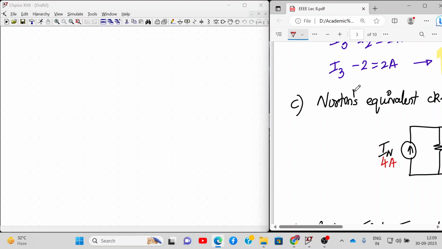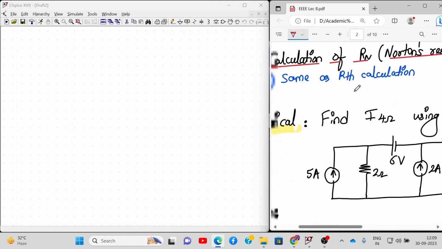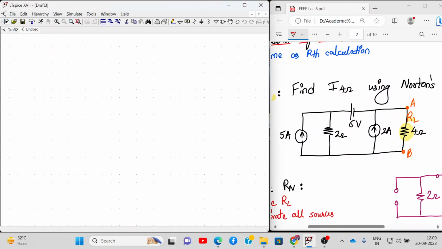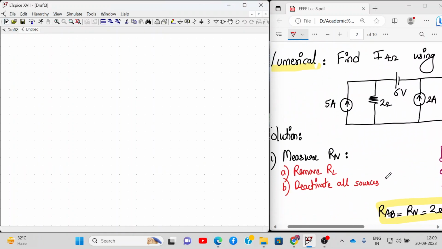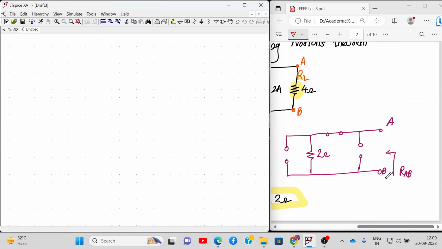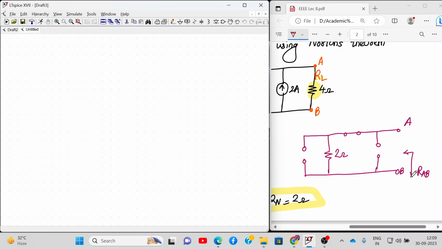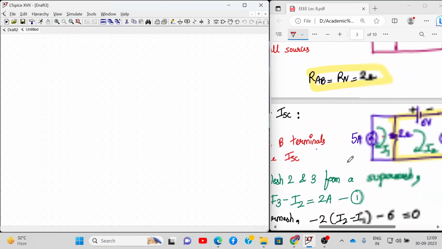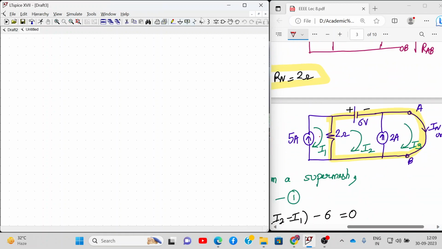Now let's verify this quickly in LTspice. So let me open the LTspice window. Yeah, it is already opened. And let me implement the circuit. First of all, we have to measure Thevenin's resistance or Norton's resistance in fact. For Norton's resistance it is very clear, it is directly equal to 2 ohms, so no need to do that. We will calculate ISC. So for ISC, this is the circuit.